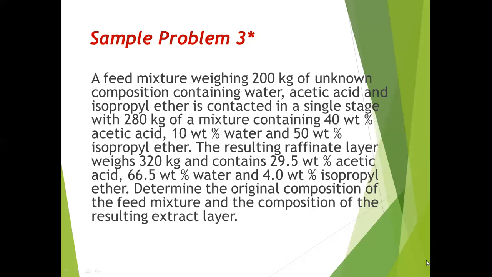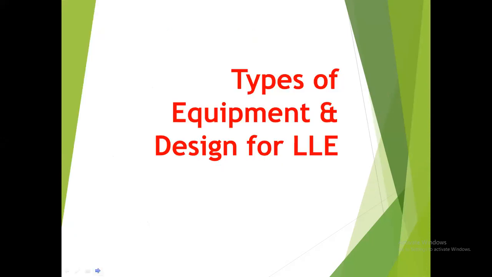So we have determined the original composition of our feed in this case, and we have taken the composition of the resulting extract layer from the equilibrium diagram. Now we go to types of equipment and design for liquid extraction systems.